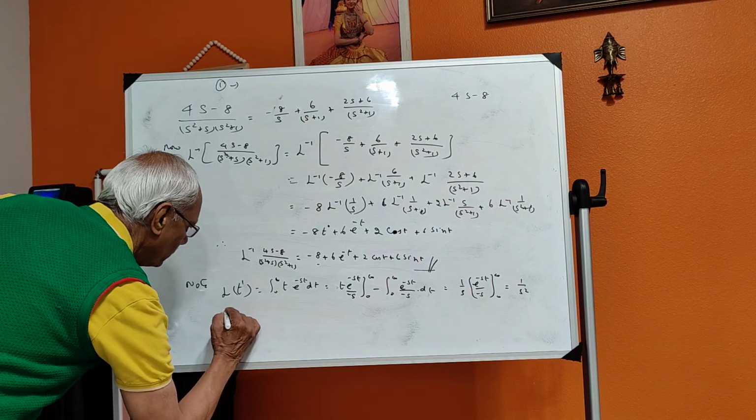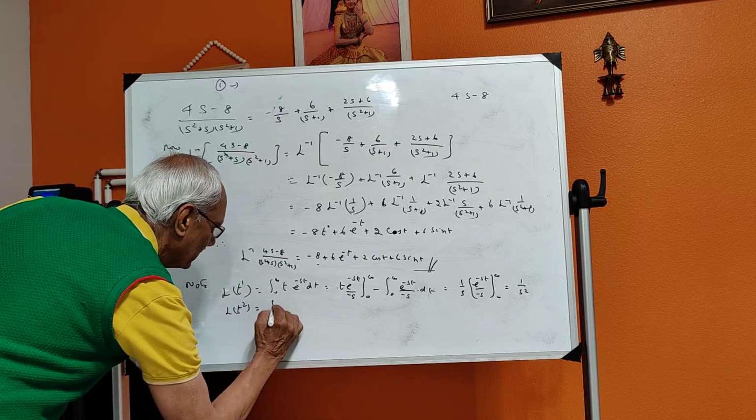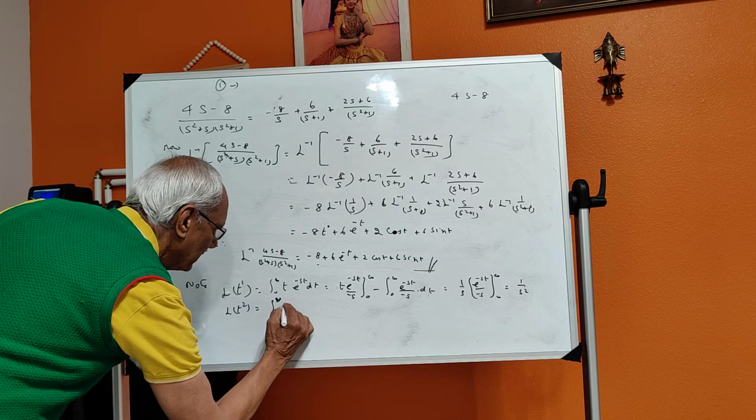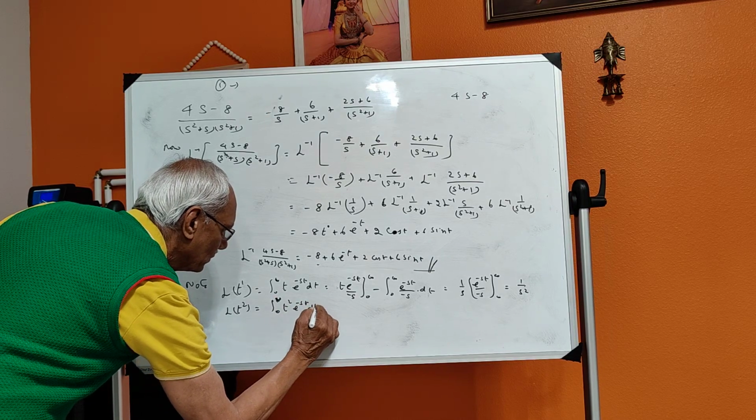See, L of t squared will be equal to the integral from 0 to infinity of t squared into e to the power of minus st into dt.